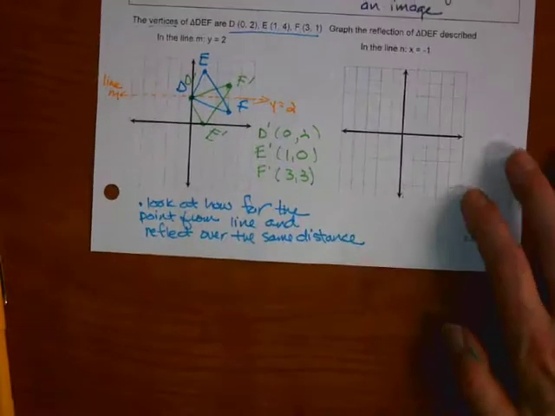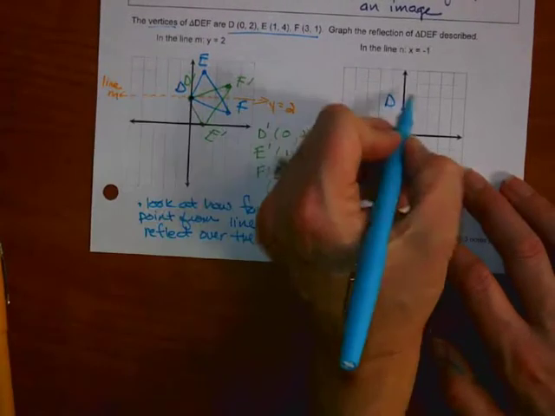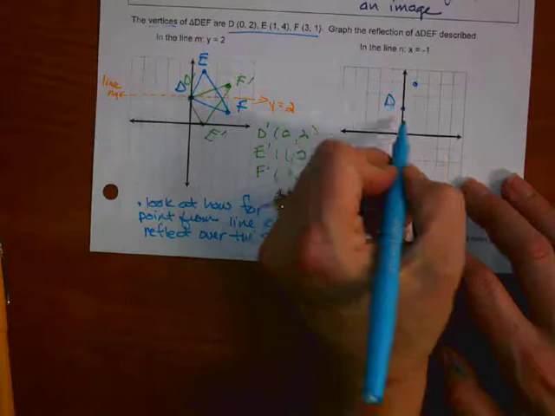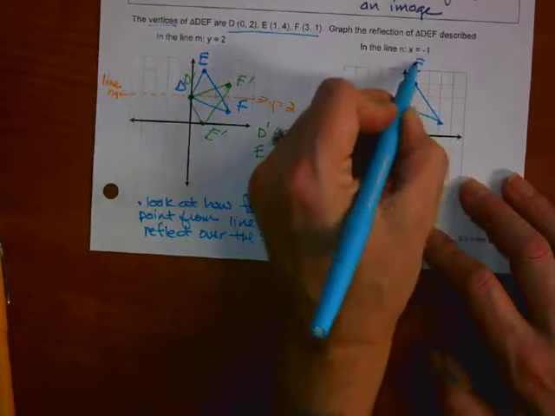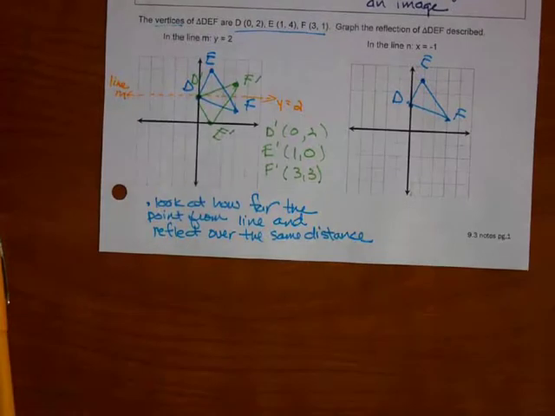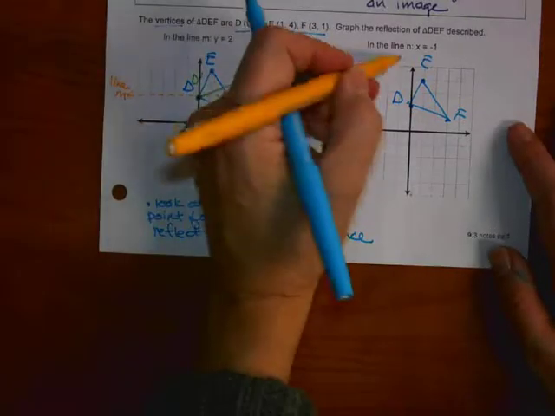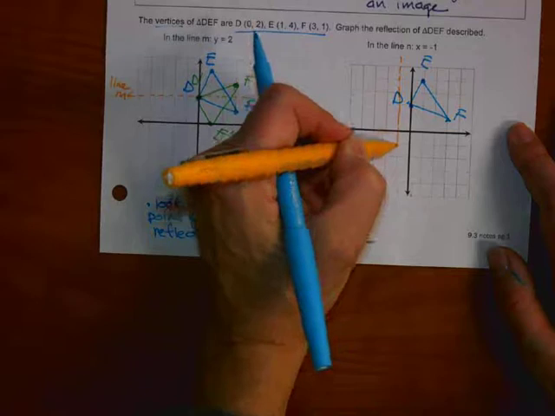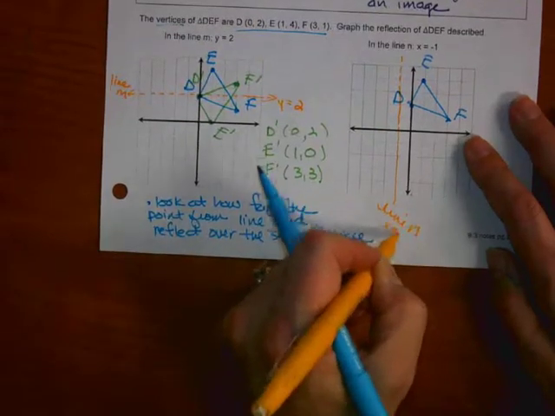It's not really all that different. You're still going to start with DEF. So plot DEF, the original DEF. The line of reflection is x equals negative 1, so that's kind of right here. That's line N, x equals negative 1.